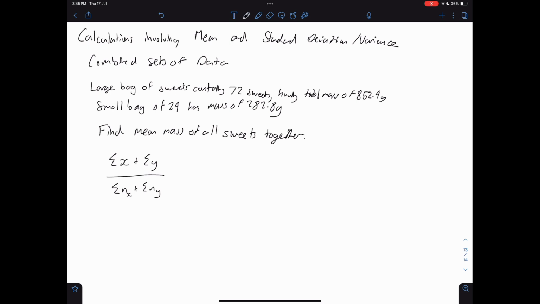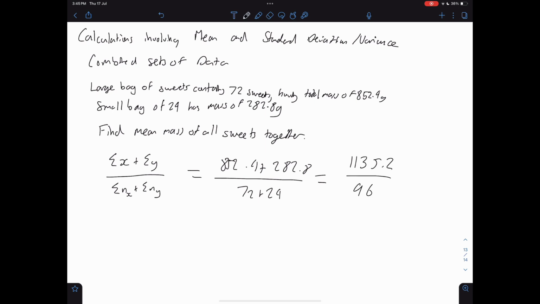And so from that we'd get 852.4 plus 282.8 over 72 plus 24, which is equal to 1135.2 over 96, which is equal to 11.825 grams.